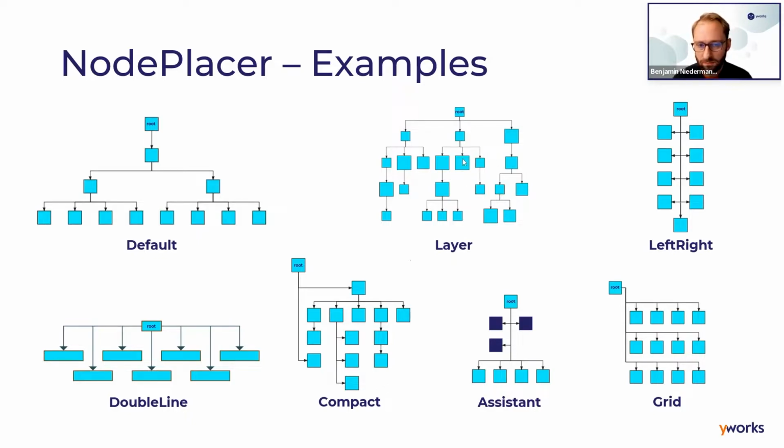Maybe one remark: these blue rectangles are not necessarily nodes, but they can also be subtrees. So in this case, for the left-right node placer, you can also consider these blue rectangles as entire subtrees that are already drawn with some other node placers.